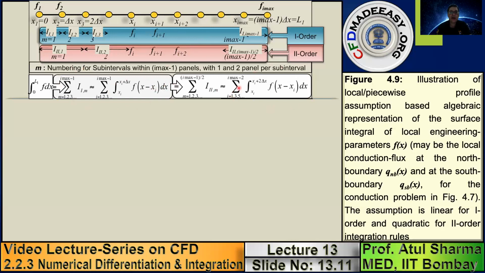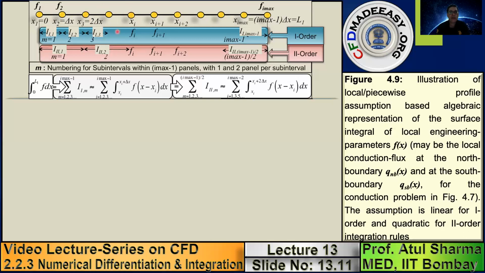Now, second order numerical integration. In second order, you assume a quadratic variation. When you assume a quadratic variation, note that the limit of the integral is xi to xi plus 2 delta x. So when you take any point, it varies from that point to 2 delta x ahead of it.